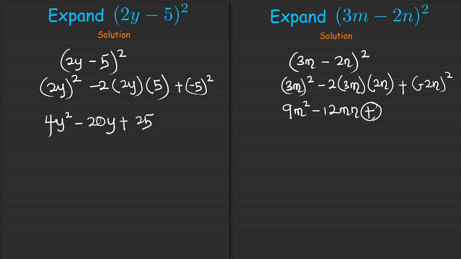That is why we have a positive here. Then 2 squared giving us a 4, then n squared. This becomes the expansion of what we have here without using the FOIL method, just the identities. The last identity we'll be looking at is the difference of two squares.